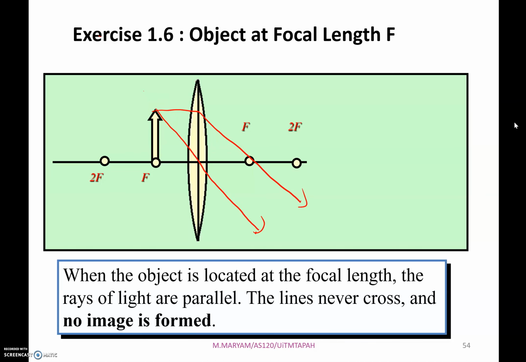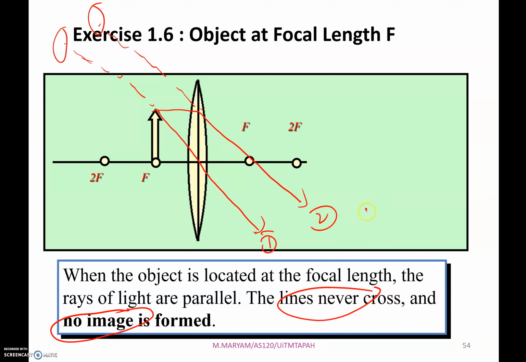As you can see, the two lines cannot be connected at the back here. First line, second line. So let's try and connect it at the front of the lens. From here and here. As you can see, it does not meet each other, no matter how far it goes. So this means there will be no image formed because the lines never cross, be it at the back or at the front.